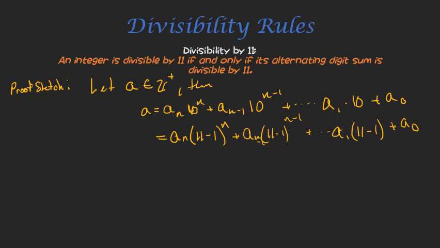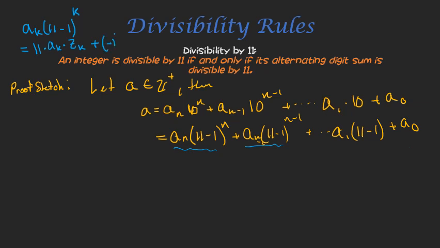And remember from the previous slide that an arbitrary term like this, a_k (11 minus 1) to the k, not including a_0, will look like 11 times a_k times some constant, I'll call it z_k, some integer, plus y to the k.